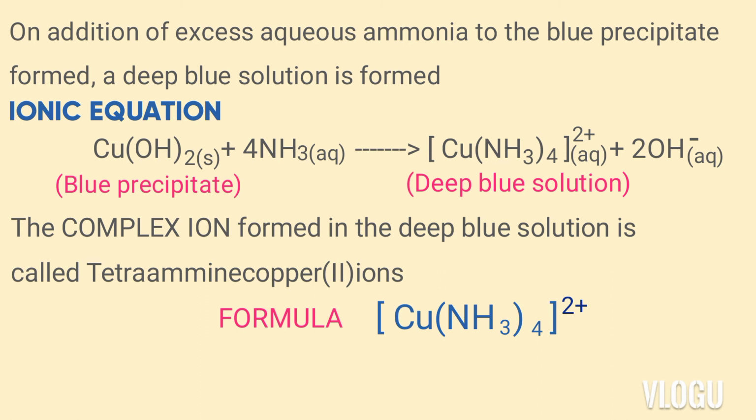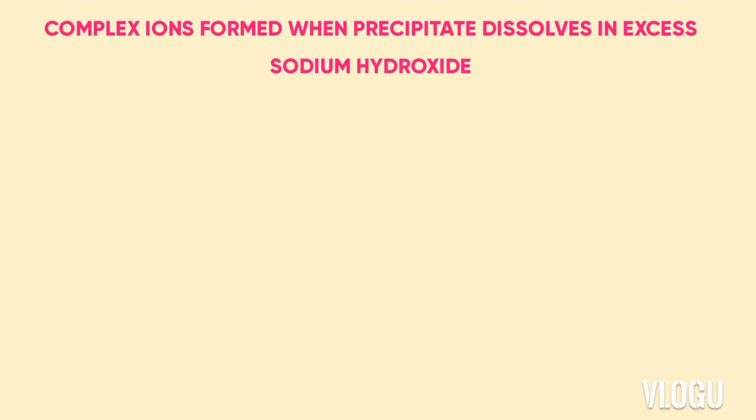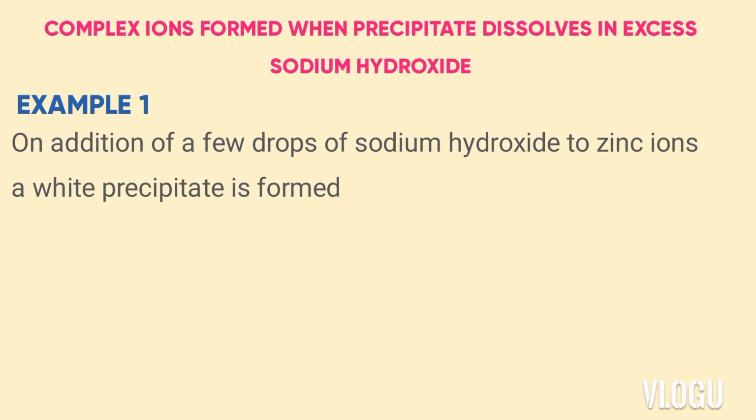Now the next one, we look at complex ions when precipitate dissolves in excess sodium hydroxide. Example 1. On addition of a few drops of sodium hydroxide to zinc ions, a white precipitate is formed. Ionic equation shown below.